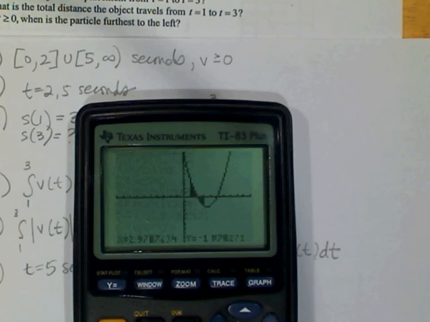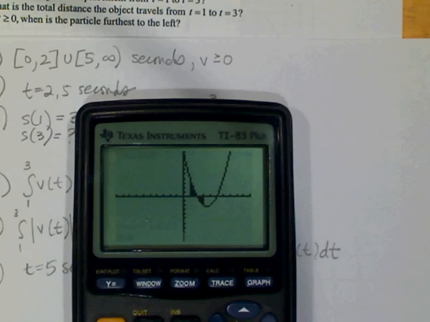If my lower limit was 0 and my upper limit was 5, then I get 4.166, so 4 and a 1/6. And that would be my minimum value starting at 0. Of course I didn't have the initial condition on there, but it would still have to be the minimum.